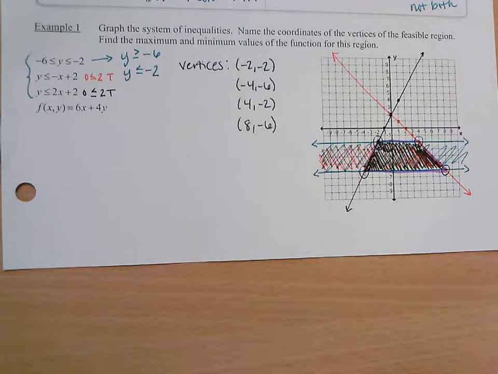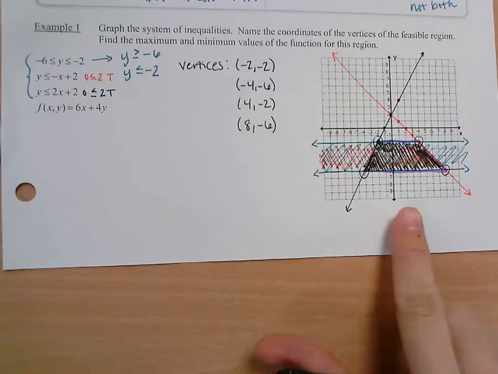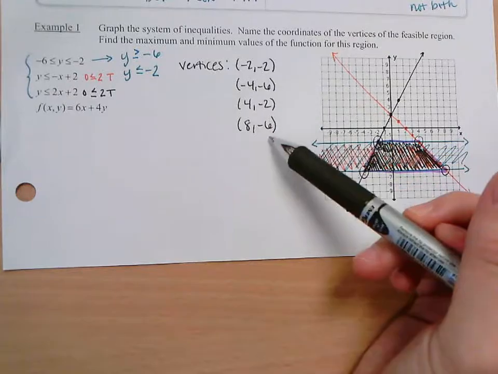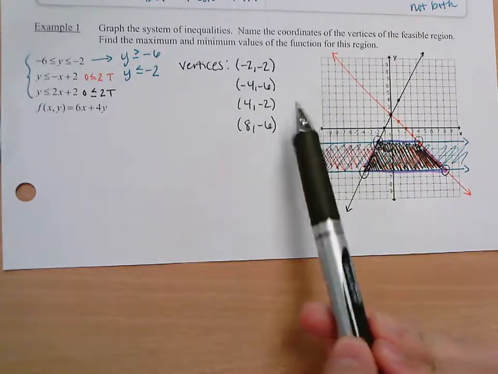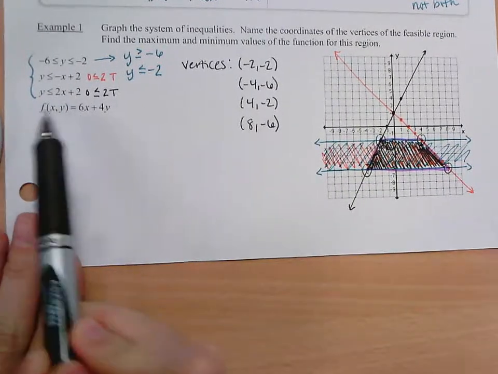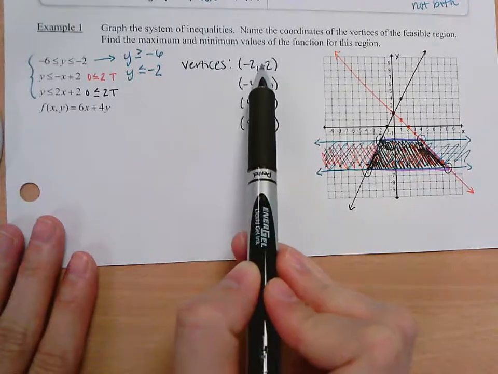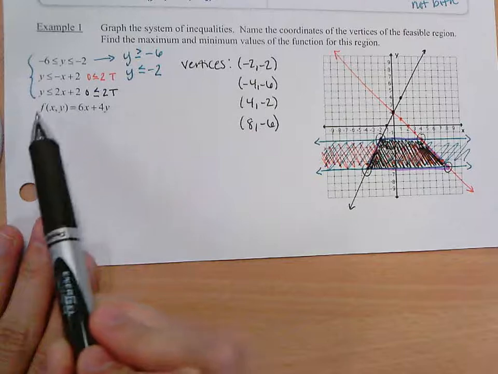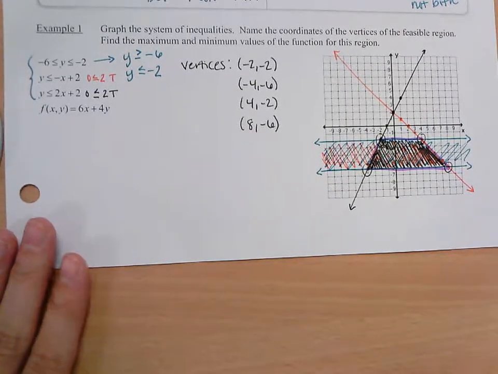Okay, and this is an enclosed region, so I'm going to have both a maximum and a minimum. And the maximum and minimum both occur at one of your vertices. So now from here, with your function, you're substituting each of these four ordered pairs into the function to determine what the function's value is at that point.